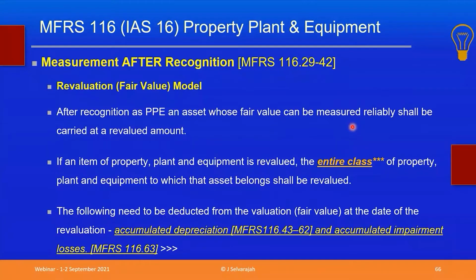So if nobody wants to buy, your exit price is lower and lower until it meets the scrap value, which is sad to say. So if you don't want to exit, continue to carry on with the business. And that's why you have value in use. All right. So that's why it says here, if you can measure reliably, then only you can carry at the revalued amount. If you do not measure reliably, carry at cost less depreciation, plus impairment if the value in use is less than the net book value.